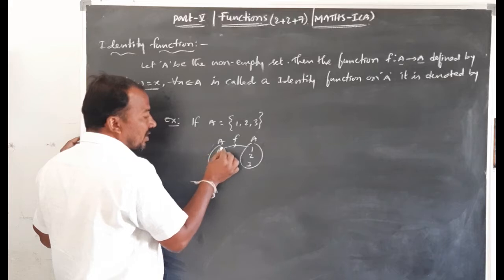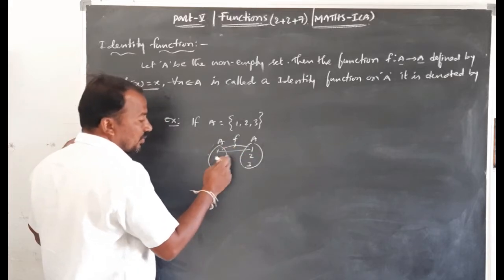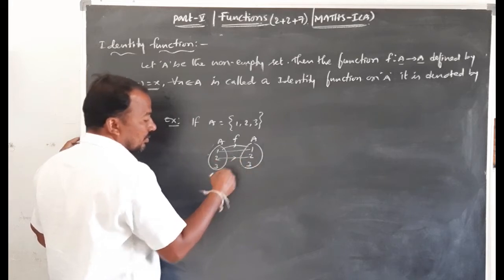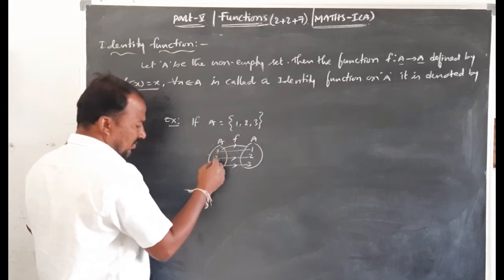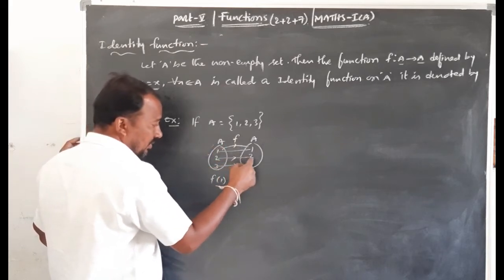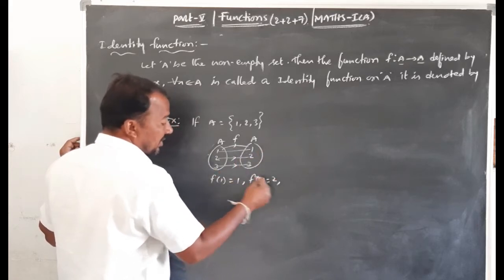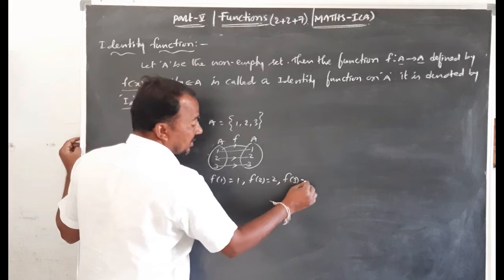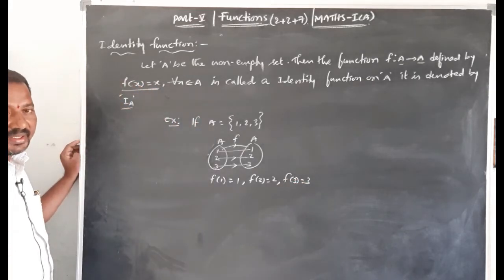Image of 1 under f is 1, image of 2 under f is 2, image of 3 under f is 3. f of 1 equals 1, f of 2 equals 2, f of 3 equals 3. It is called an identity function.